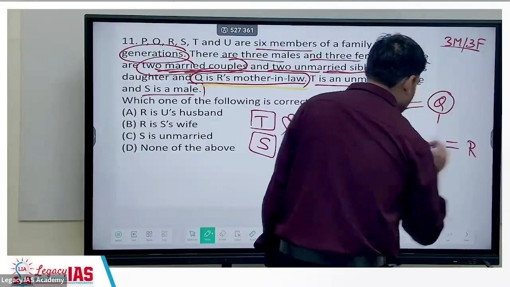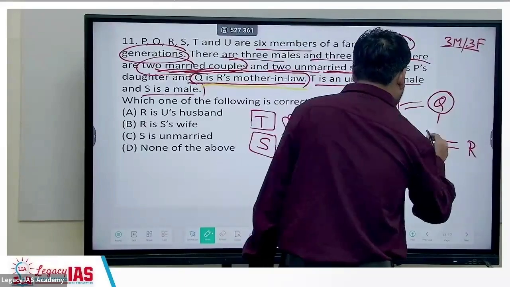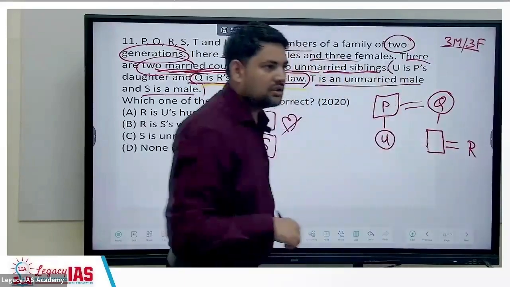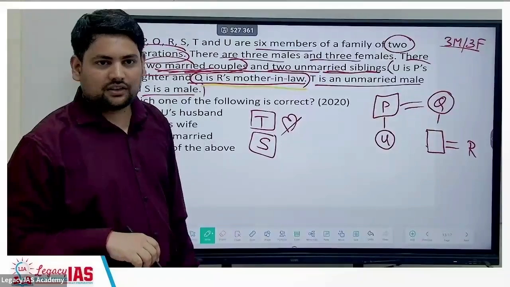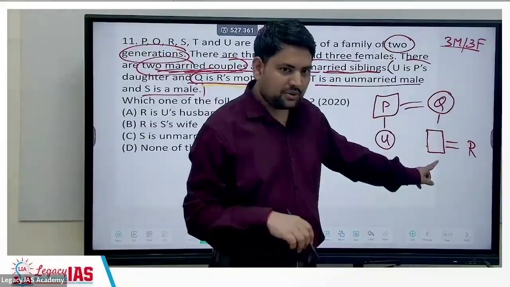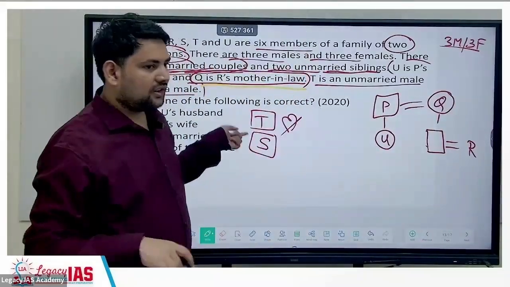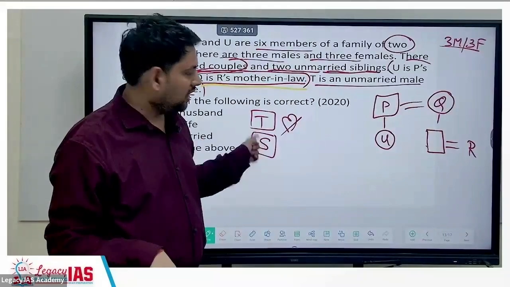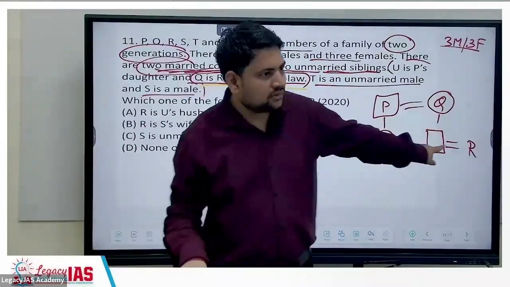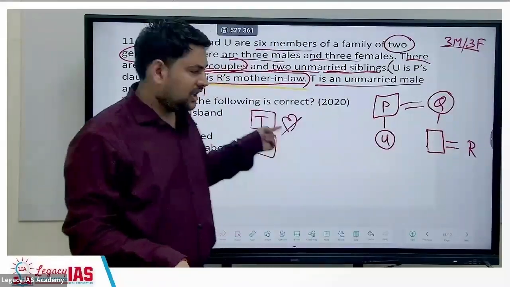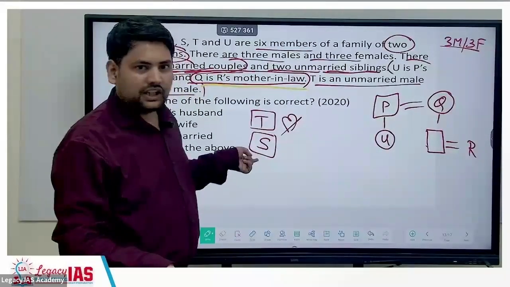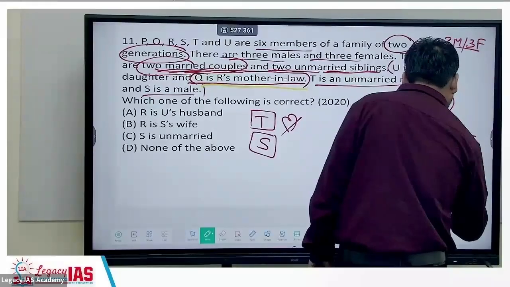This was R. Okay. Now this person here has to be a male. Correct? This person here has to be a male. Now we cannot have more males from here. So one of these has to lie here, either S or T. Now T is unmarried. So what will lie here? S. And this becomes female.